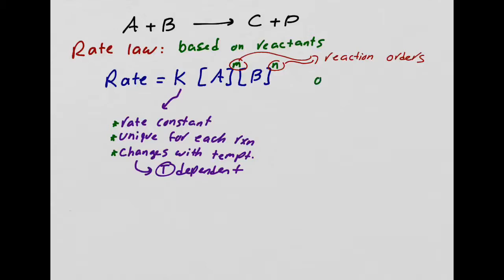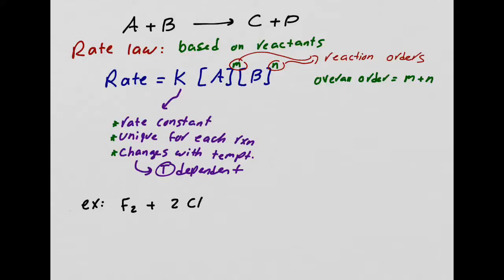And the overall order would equal M plus N. The overall order would equal M plus N. Okay? All right, beautiful.